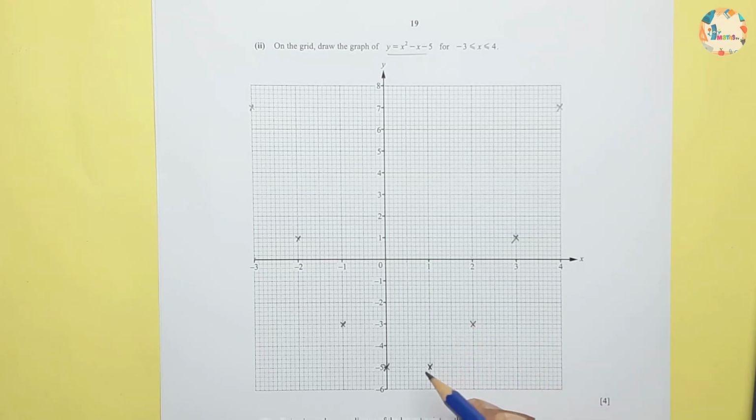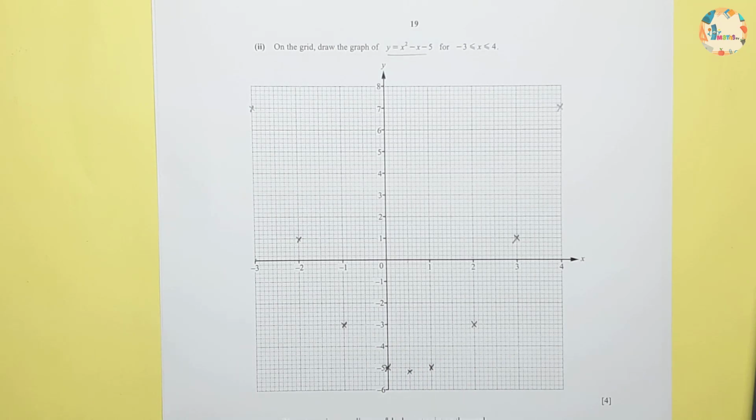So -5 is up to this one. -5.25 will be a little lower, so we can go a little lower than these 2 points, and then we can join like this.